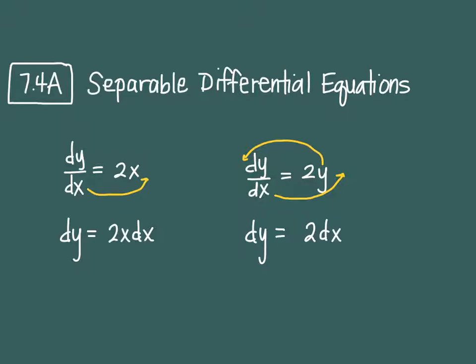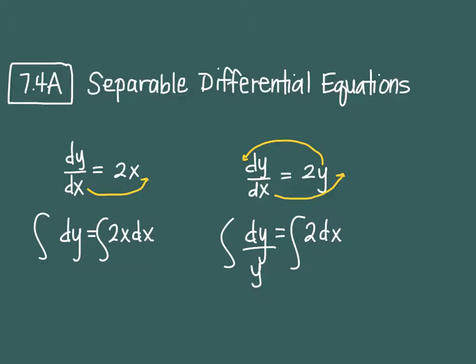You're dividing it, right? So it's going to be dy over y. This is the separate part of the process. Separate, and then follow it by integrate. So we just separated, and now we're going to integrate on both sides, and we'll show how you're going to get two different answers.